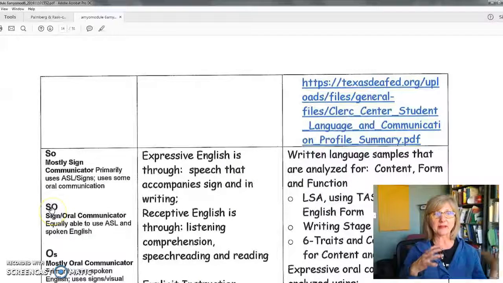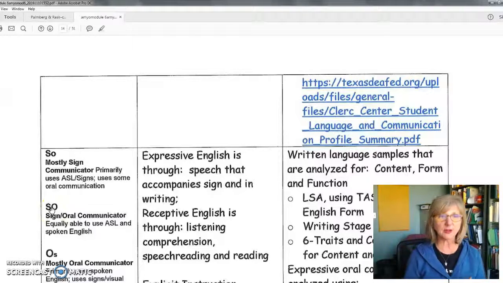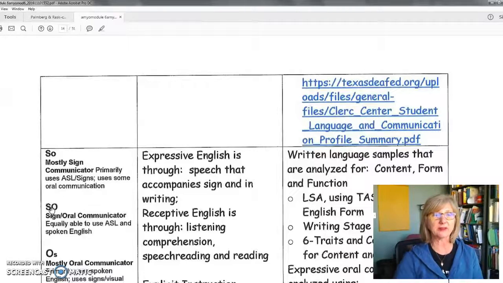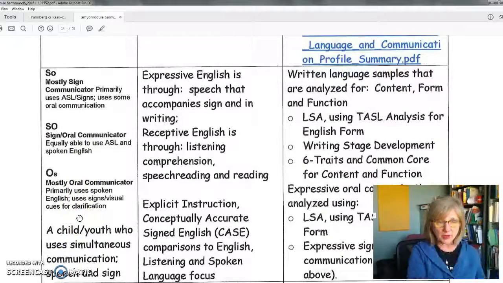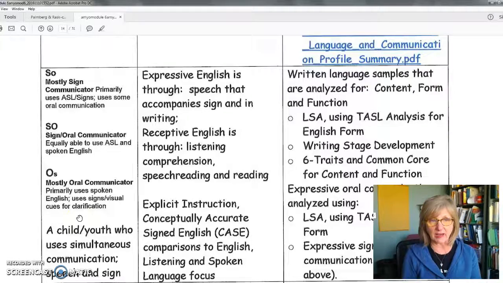Someone who uses simultaneous communication, so uses sign language but also uses oral communication, primarily through simultaneous communication. Someone who primarily uses oral and might use sign as support.